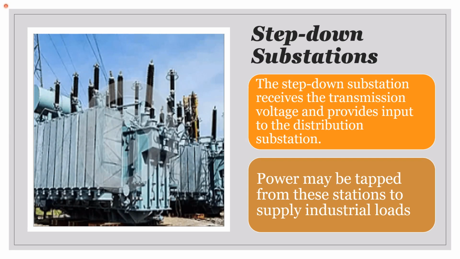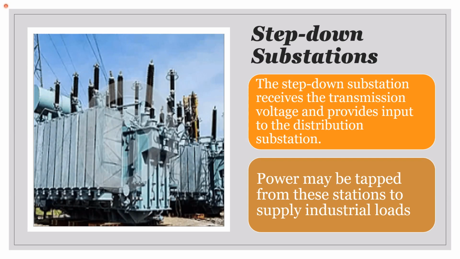So in the UK, for example, the distribution substations are taking in 132 kilovolts, coming down from 400 kilovolts in terms of the major transmission lines. So at 132, you would take that down and supply it to a lower substation, which would be a distribution substation.